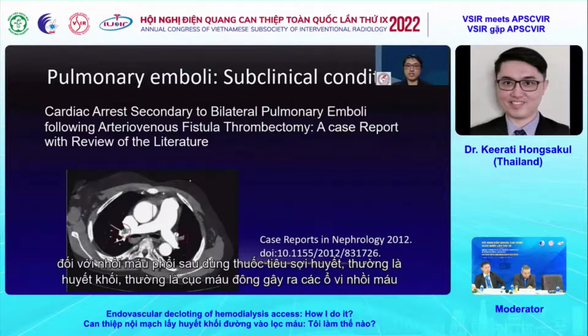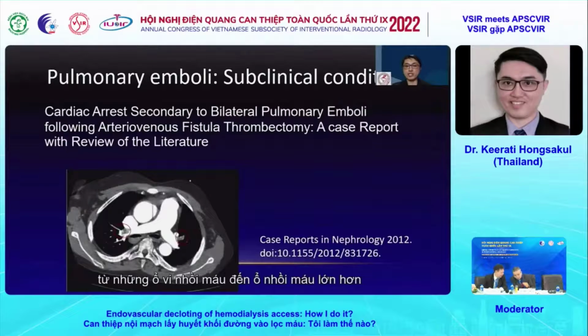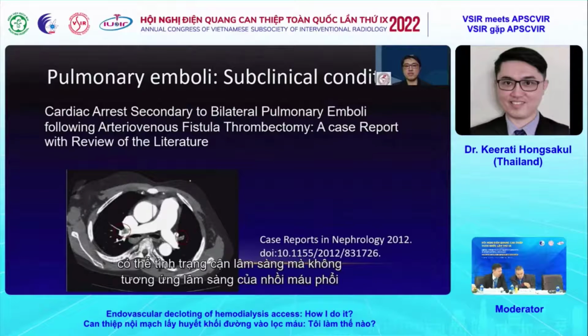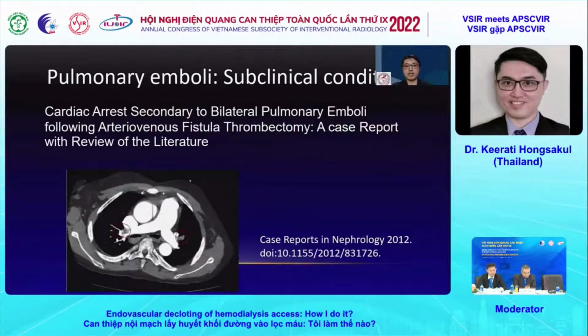For pulmonary embolism, usually after we perform the procedure and thrombolysis, the clot may be like microemboli that lodge in the pulmonary arteries, and the patient may be subclinical, with no clinical signs of PE.